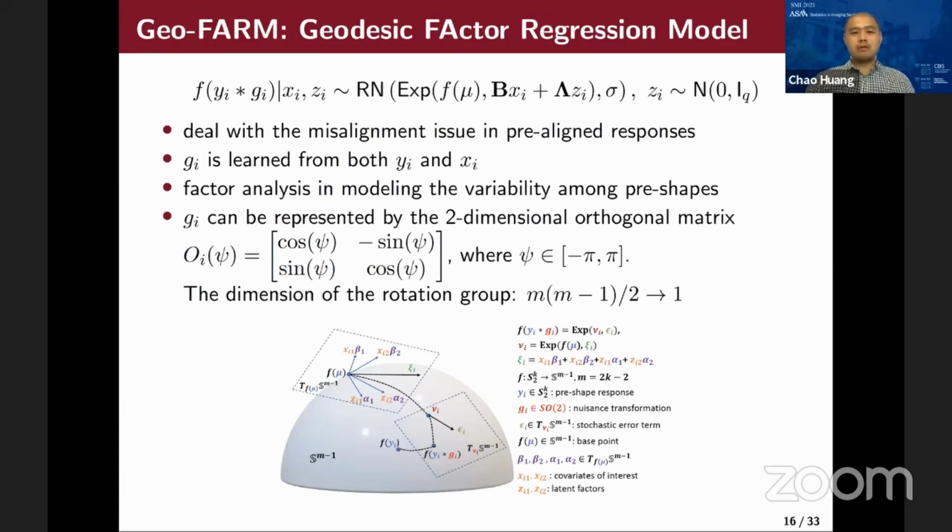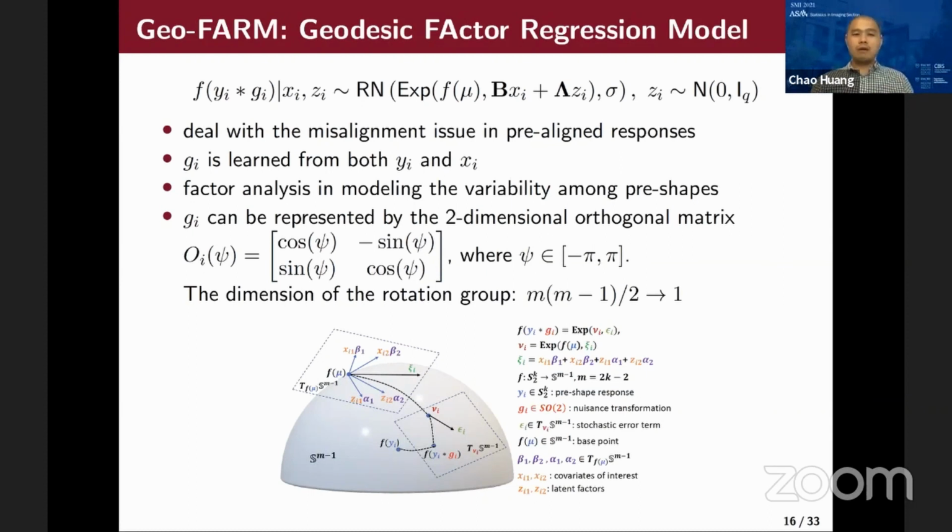And second, when we estimate this whole model, the gi can be learned not only from the imaging data or the shape data Y, we can also learn from the predictors, the clinical variables, and the demographic information. And the next advantage is we use the Riemannian factor analysis model to build up the variabilities among the pre-shapes, and we can capture all these local geometries between different pre-shapes.